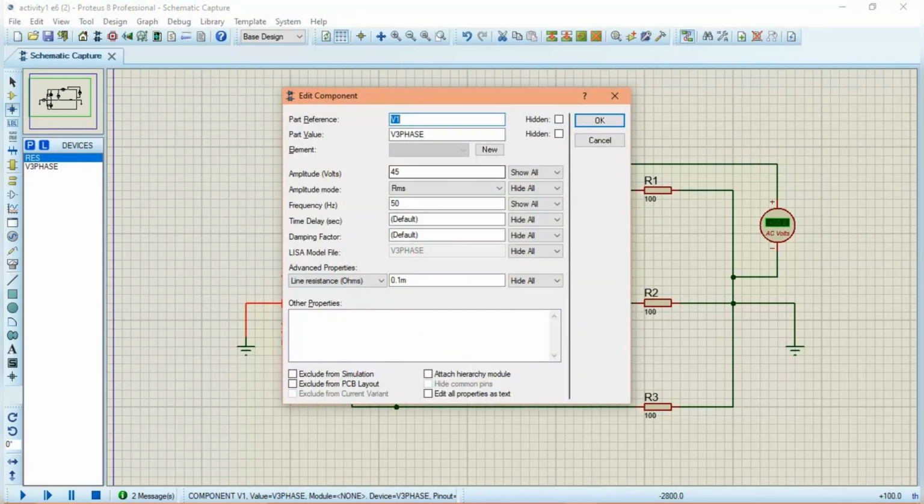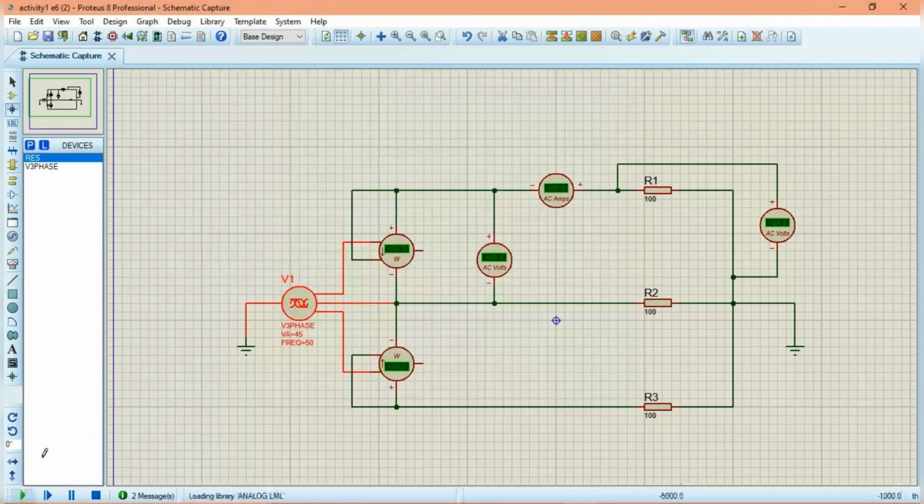Okay, first, when the voltage equals 45 volt and we run, the result we get for the power in watt is 30.3 and 30.4. We add these two and we get 60.7.